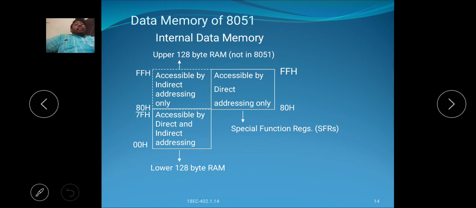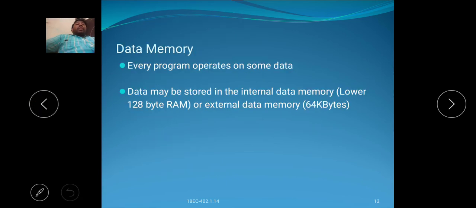And data memory. Every program operates on some data.